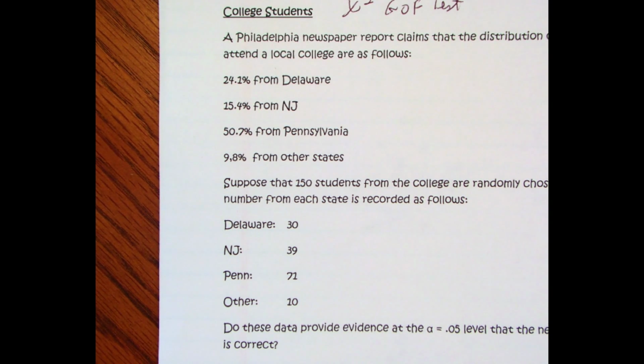So what we're dealing with here is categorical data. Okay, we're not dealing with quantitative data, because we're dealing with where students come from, so they fit into a category. And we're not just dealing with one proportion. Notice we're dealing with 4 different proportions.